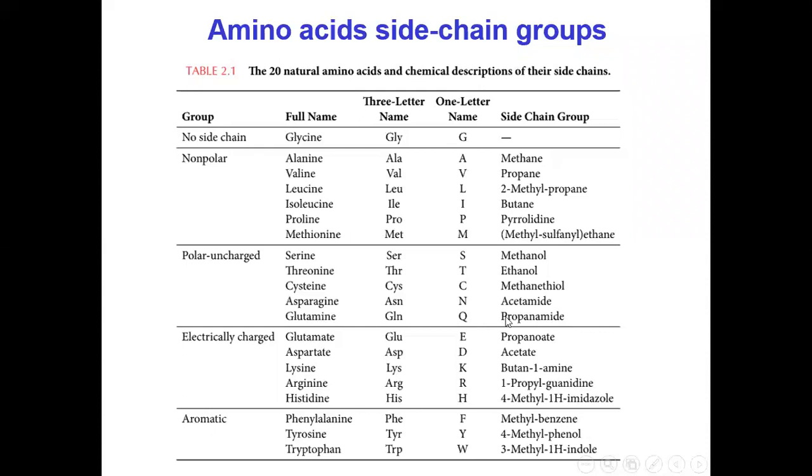But still, we can classify all the 20 amino acids into only 4 groups. And the main parameter by which we classify them is the polarity of their side chains. According to this classification, we have non-polar amino acids, whose side chain is non-polar.